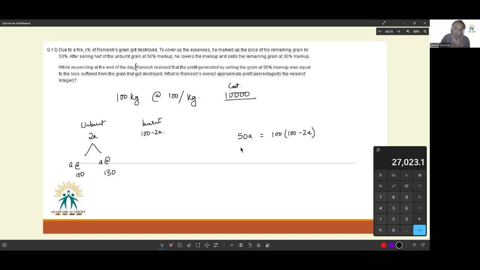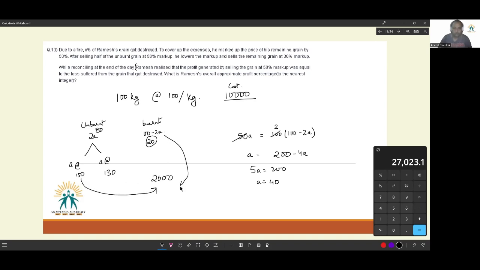So let me go ahead and open this. First thing I'll do is this. So a is equal to 200 minus 4a, or 5a is equal to 200, or a is equal to 40, which means there were 80 kgs of unburnt grain. There were 20 kg of burnt grain. So the profit generated here is 40 into 50, 2000.